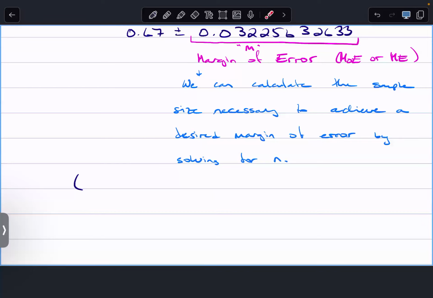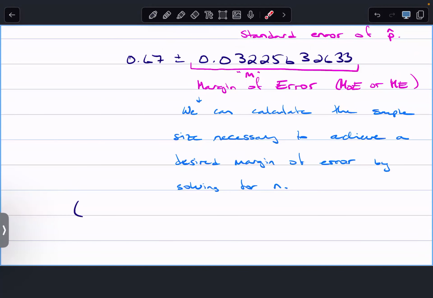What you want to do is 0.67 minus 0.0322. Most scientific calculators have a store function. I would store this long value so you don't have to type it in all the time. So I get 0.67 minus that thing I just stored, and I get 0.6377436737.